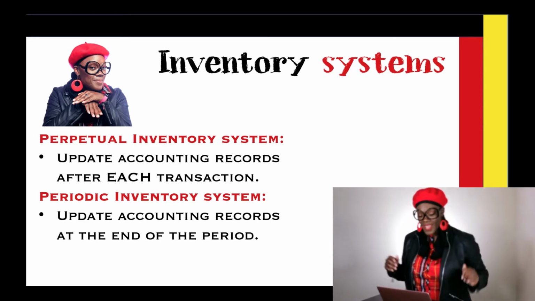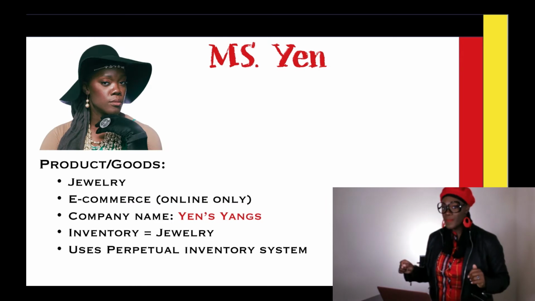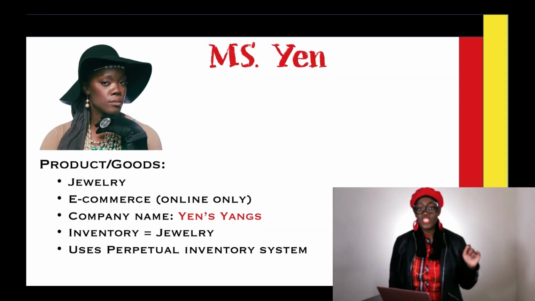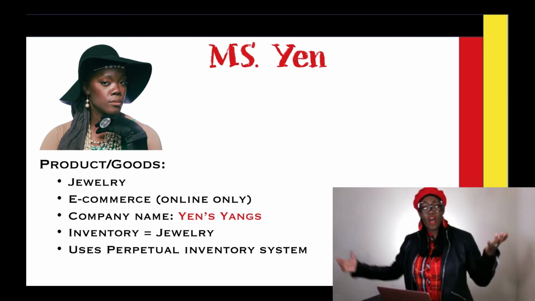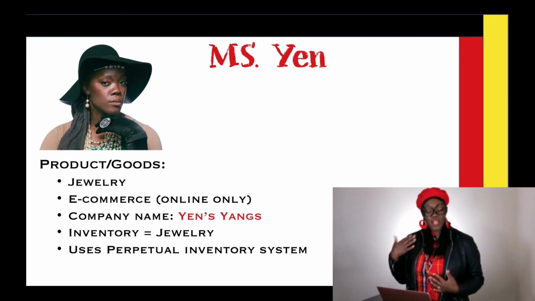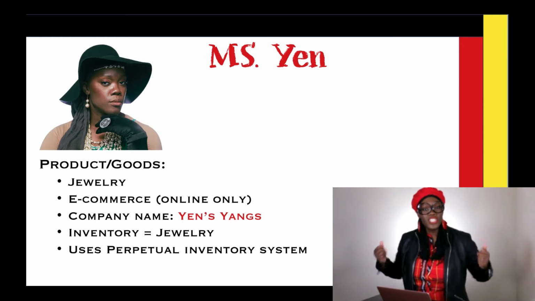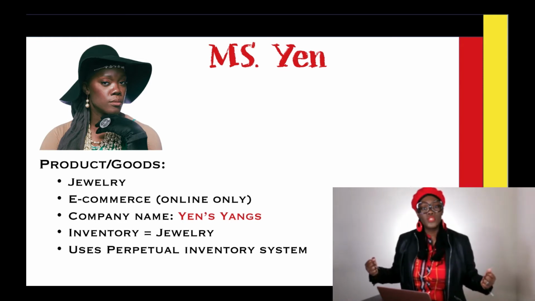All right, so Miss Yin has decided that she's going to sell jewelry. Miss Yin is always completely fly in all of her nice jewelry, so she decided she was going to make it available to the public.